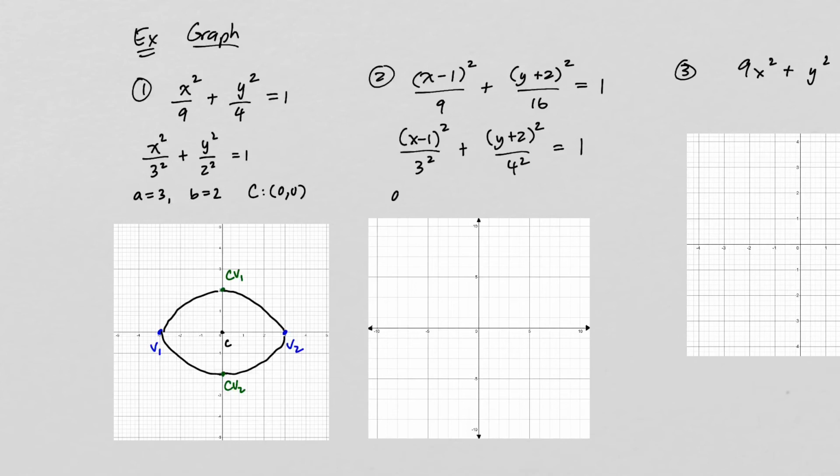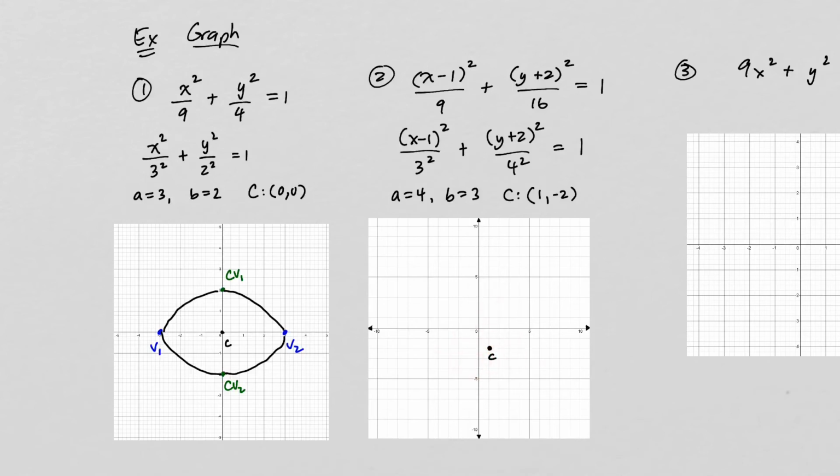So for this problem, A is 4, right? Remember, A is always the larger number, and B is 3, and the center of this ellipse is at x equals positive 1, y equals negative 2. So first you have to go to the center, positive 1, negative 2, and then the A and the B will tell you how far to go from the center, left and right, and up and down.